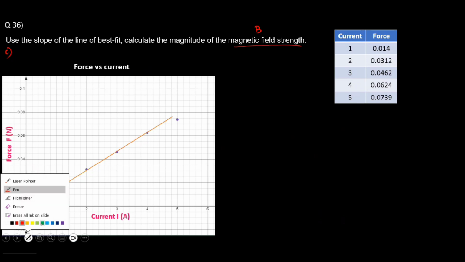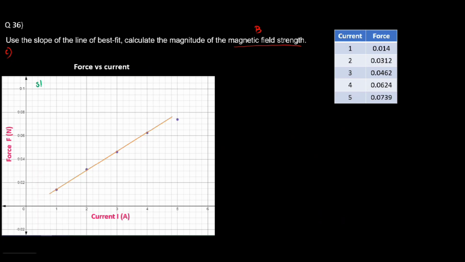What is the rule for slope? We can find slope by using y2 minus y1 over x2 minus x1, where x1, y1 and x2, y2 are any 2 points on your line of best fit. When you're taking the slope, take the slope of the line, not the numbers from your table.